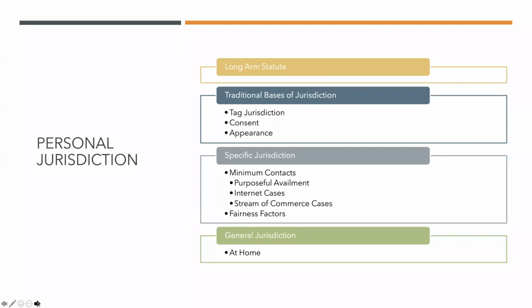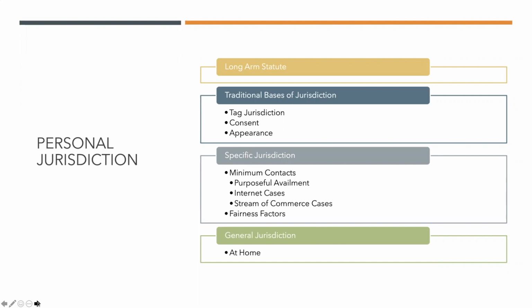So that's something I want to be on the lookout for and can pre-write my rule statements for. For example, under tag jurisdiction, I will write: a defendant may be subject to the court's personal jurisdiction if they are served while present in the forum state.